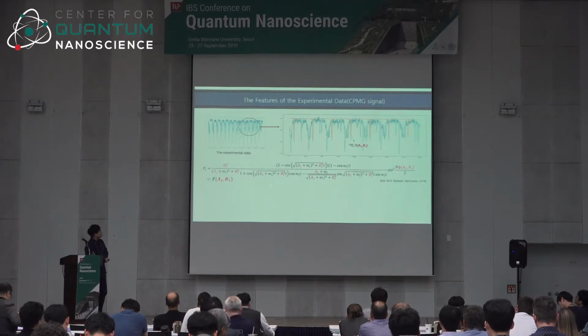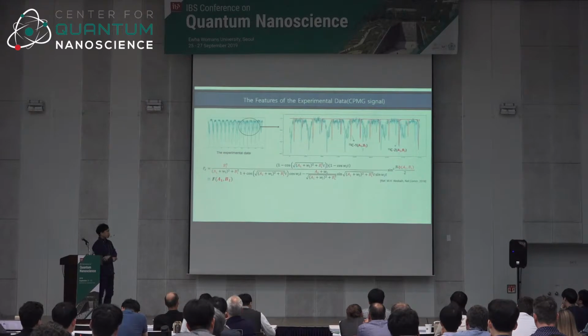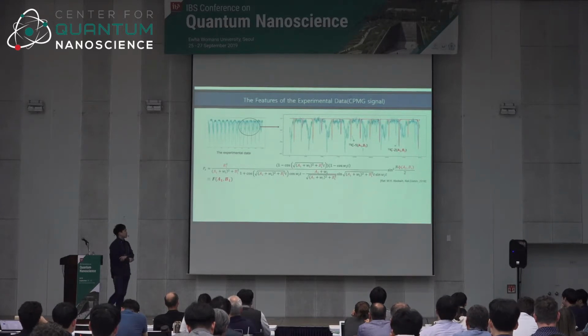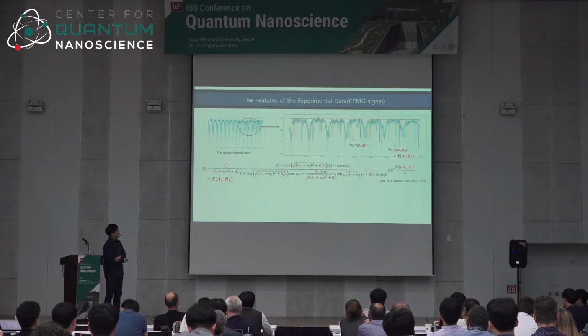Before that, let me define this function as large F, like this. If you have one more spin here, which has different hyperfine coefficients, A2 and B2, that can be described by the same function F, but with different hyperfine coefficients.